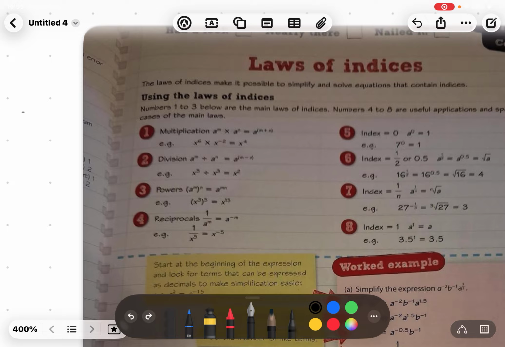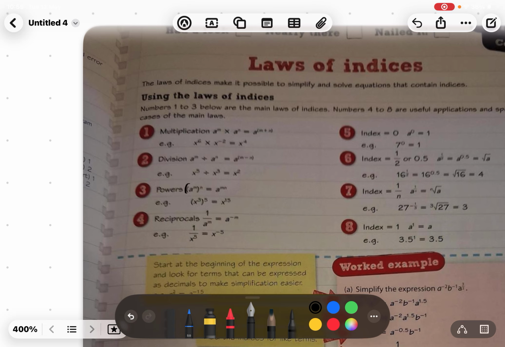So when it's division, these two powers take away from each other. So let's say x and x, two same numbers, powers 5 and 3. That's 2, the difference. After that, we have the power rule, I guess.